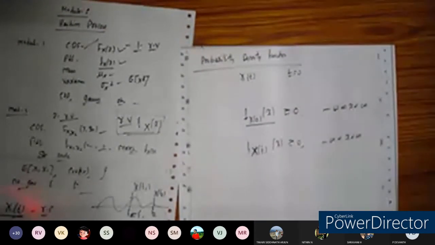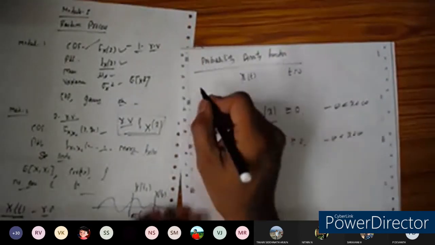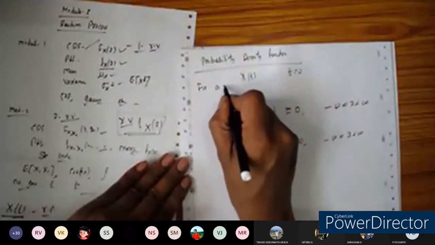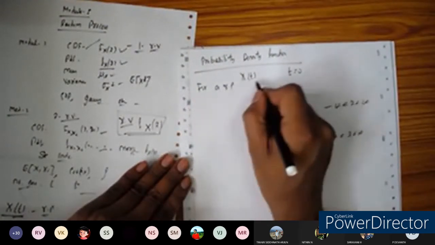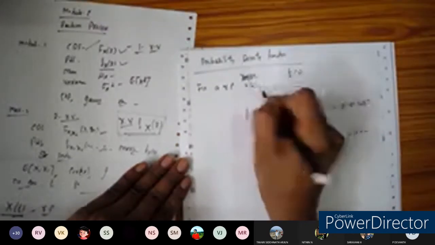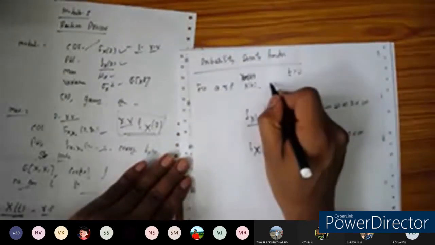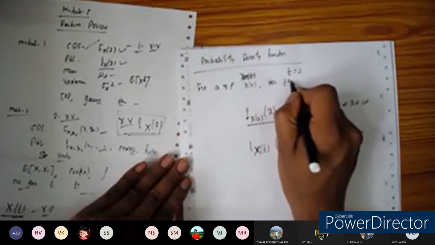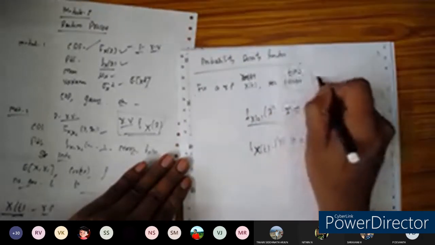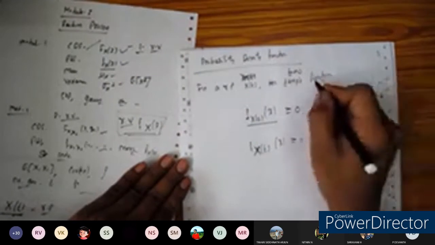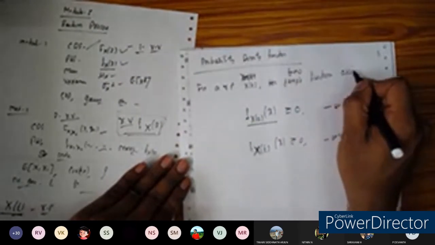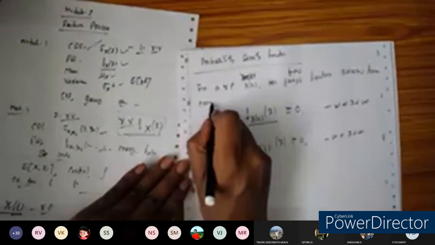Okay, so you can take for a random process x of t, the sample functions obtained from the ensemble. Ensemble is nothing but a collection of data.